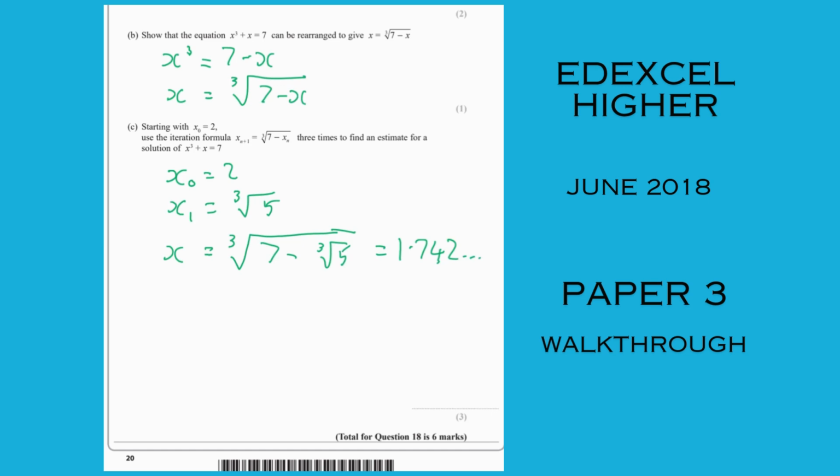Again, don't clear your calc, because to get the third and final term, the one we need, cube root 7 minus the number we've just got, 1.742, or in other words, use the ANS button on your calc. This is one of those rare questions where it doesn't say how accurate, it wants the answer. So your own choice, but if I'm given choice, I'll just go 2 DPs and have done.